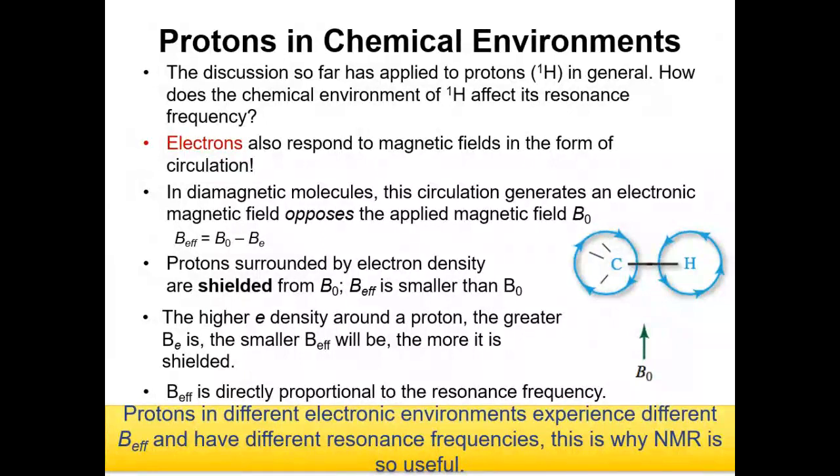Because in that case, all protons are going to have exactly the same resonance frequency. Resonance frequency means the frequency of a photon absorbed by the proton, if the magnetic field strength is the same. It's not very useful. But so far we only discuss the nucleus.